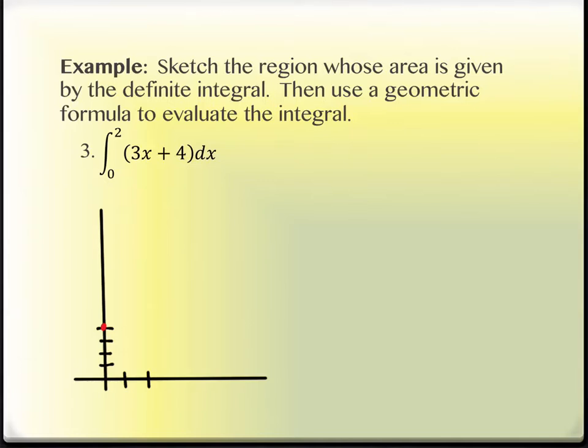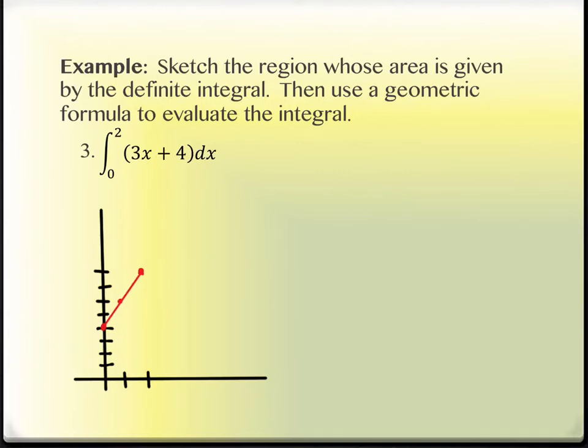So you can actually just rise and run it over if you wish. So I'm going to go up 2 and over 1, rise over run. And then I'm going to go up 2 again and over 1. Puts me right here, if I've drawn it well, which I'm not promising I have. But it's basically like this shape.